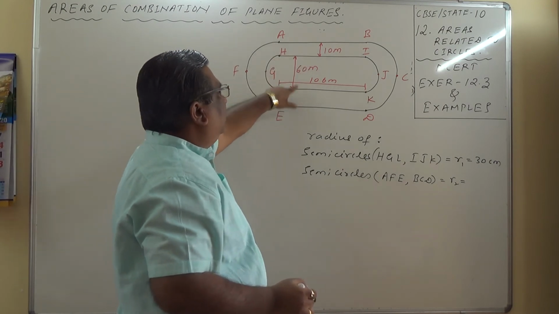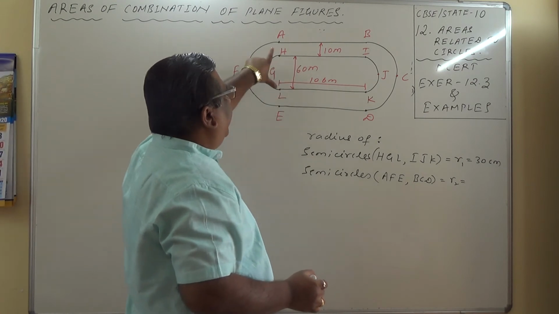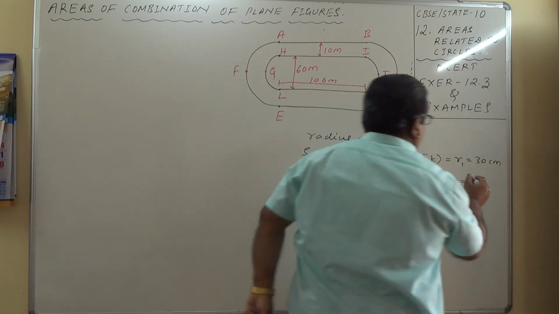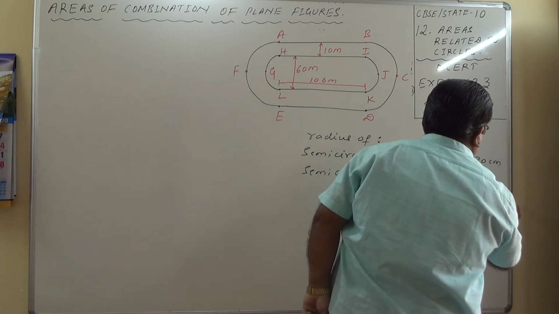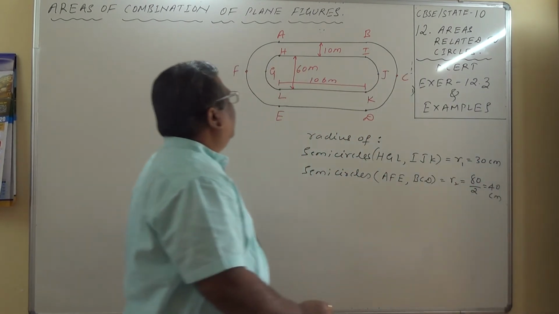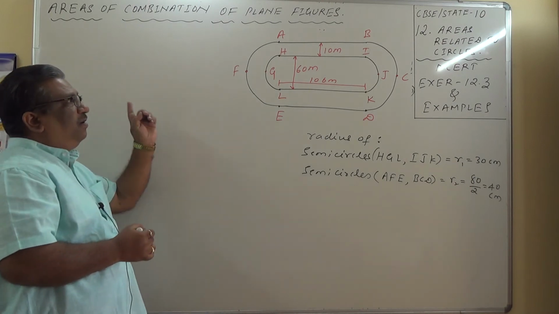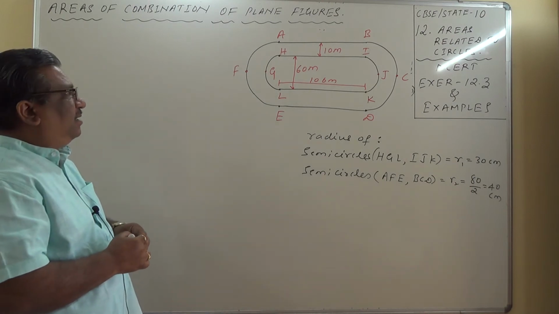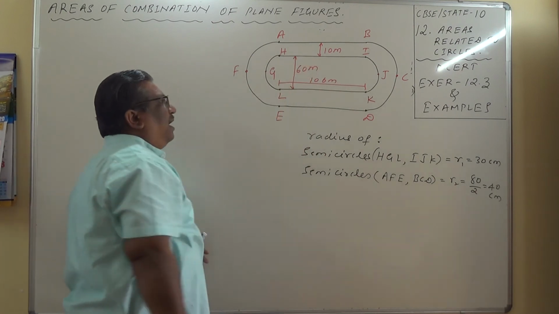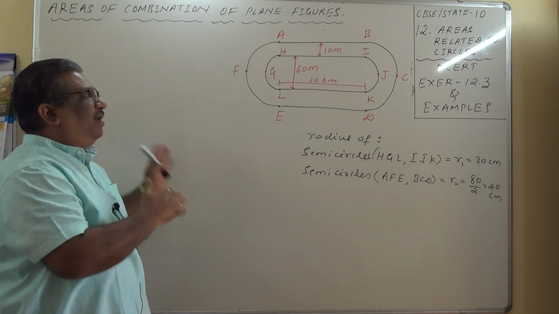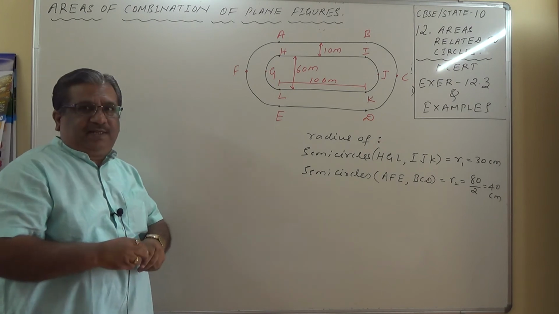How much is it? 60 plus 20, 80 divided by 2, which is 40 centimeter. So we have found the radius for the two different types of semicircles, and the rest of the dimensions have been given. From this I can directly populate the values, substitute and get the answer.